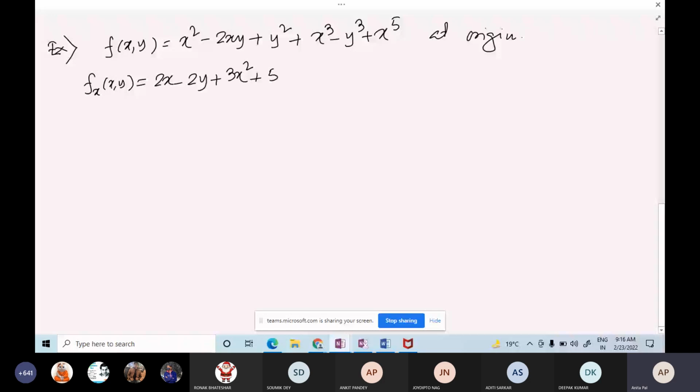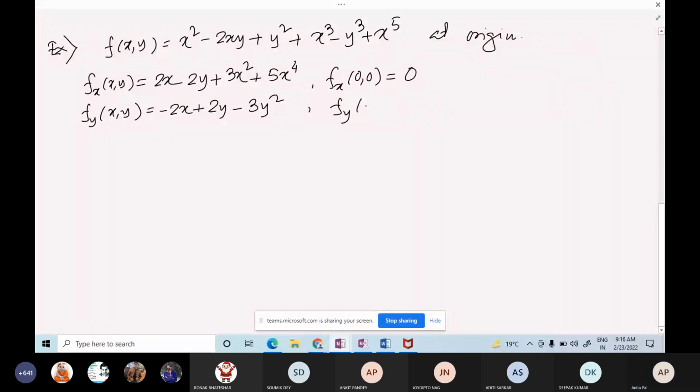So what is fx at 0, 0? 0. What is fy(x, y)? fy(x, y) will be minus 2x plus 2y minus 3y squared. So fy at 0, 0 will be 0.